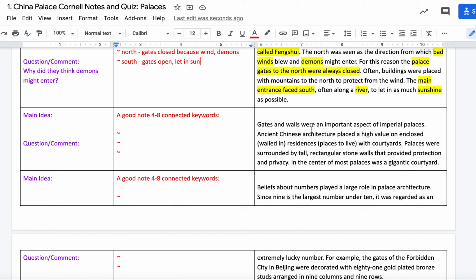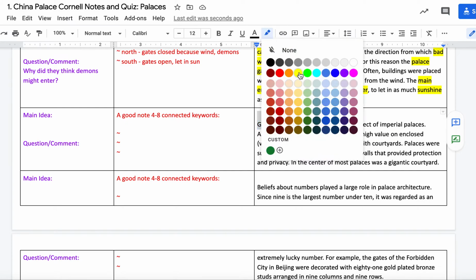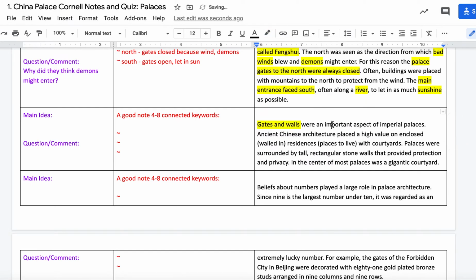So we want to talk about the gates and the walls. We want to talk about how they're important. We want to talk about ancient Chinese architecture and how they had a value on enclosed or walled places to live.